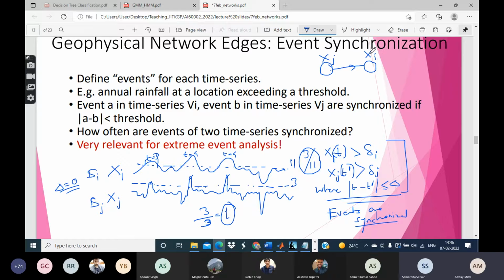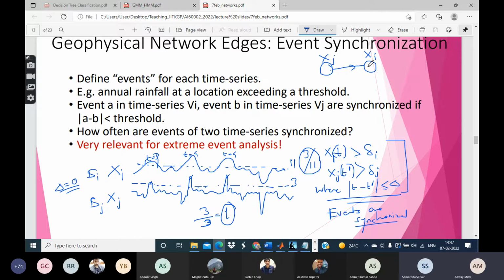Why? Because something happening in xi does not give us much information about whether the same thing is happening in xj or not. But if something happens in xj, then we are more or less confident that something has happened in xi also. So if we have information about xj, then we can also get some information about xi. That's why we use this kind of directed edge in this case.